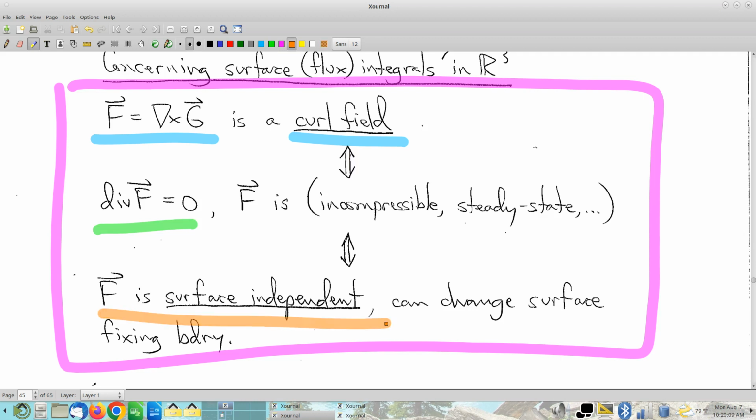Now, these are all really different. Being a curl and being a gradient, very much not the same thing. Divergence being 0, very much not the same thing as curl being 0.